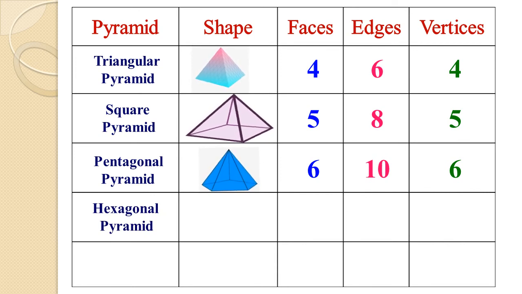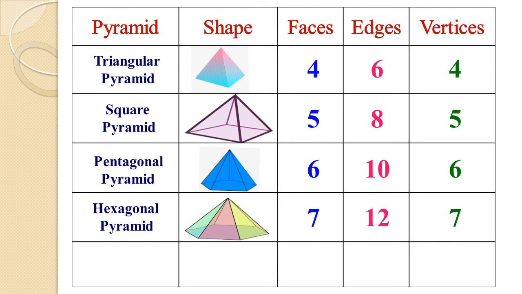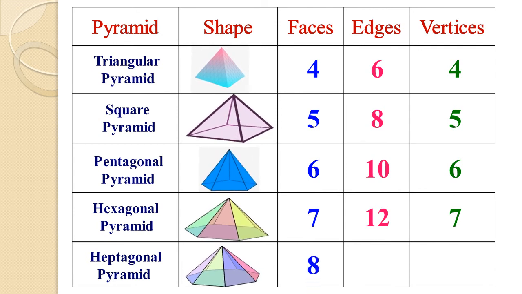Next, hexagonal pyramid. It has 7 faces, 12 edges and 7 vertices. Next, heptagonal pyramid. It has 8 faces, 14 edges and 8 vertices.